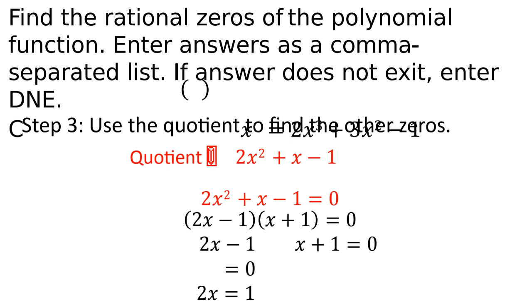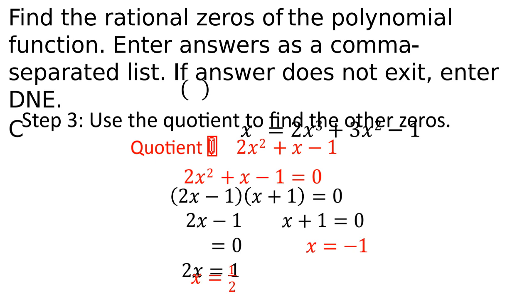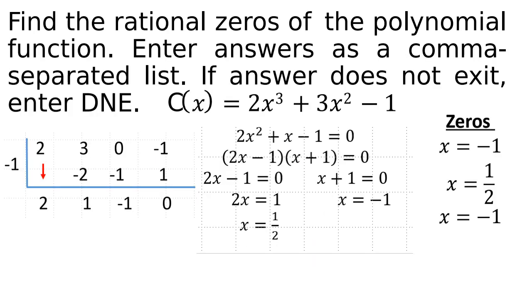And what I showed right now is what is happening on these slides, and this one shows it nicely. So again, we did the synthetic division with -1, and we have a remainder of 0. Then we factor the quotient, this part right here. So we found that x equals 1/2 and x equals -1.